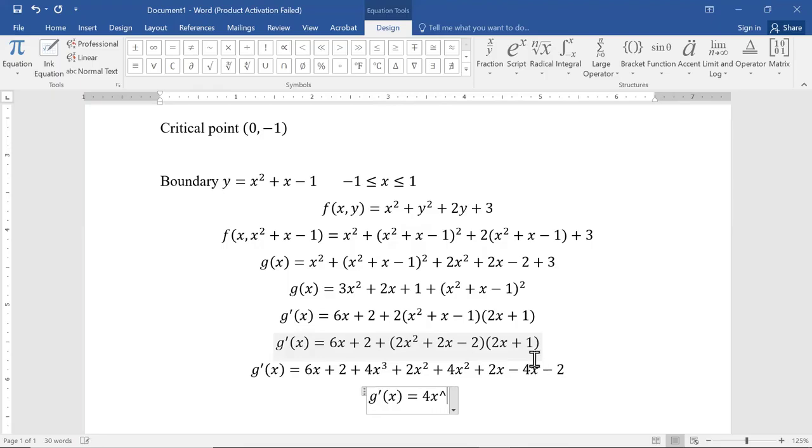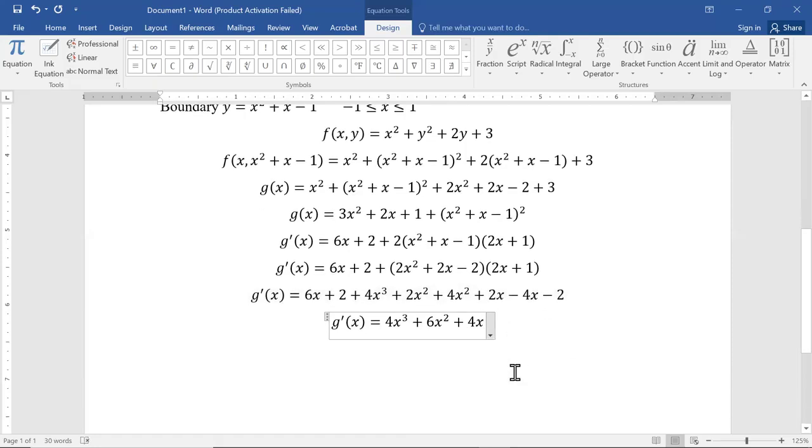This is quite a hot mess, but that's all right. 4x to the third plus 6x squared. If I take 6x plus 2x minus 4x, I get a positive 4x. And then 2 plus negative 2 gives me 0. So I'm essentially asking, when does this thing equal 0?